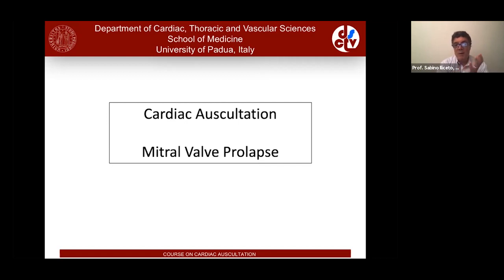As you know, mitral valve prolapse was firstly described by Professor Barlow. It's also called Barlow disease. Oh, so Barlow is from Padua, right? No, Barlow was a professor from South Africa, from Pretoria, not far away from Johannesburg.